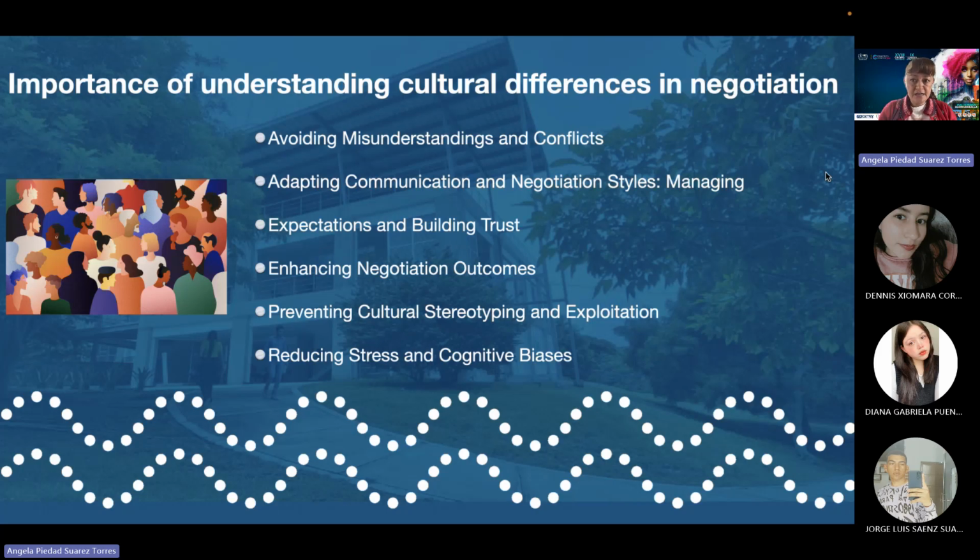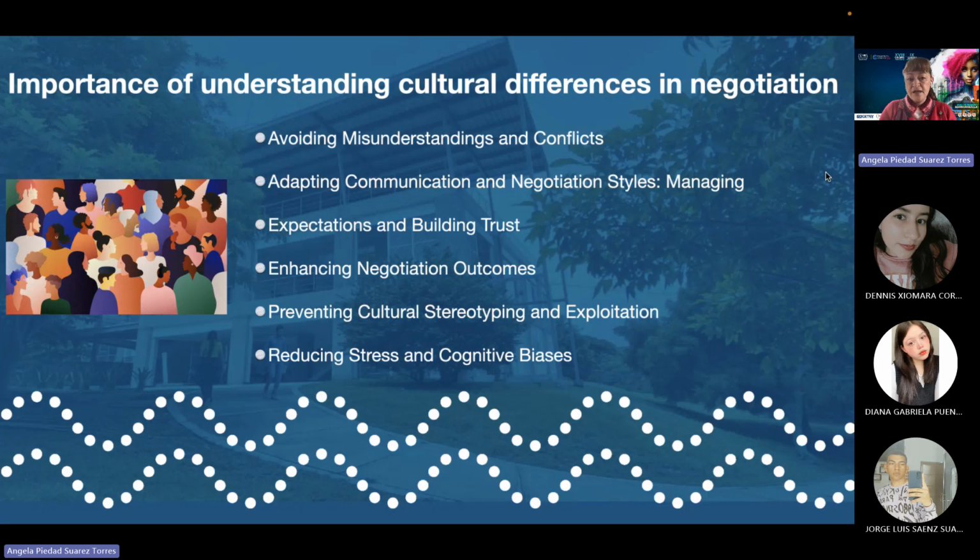So those elements are very important to know if the counterpart is interested in those, and how we are going to manage the situation, and what expectation we have with that counterpart. We need to get knowledge of the culture about those situations, because that makes a difference in the process of the negotiation.